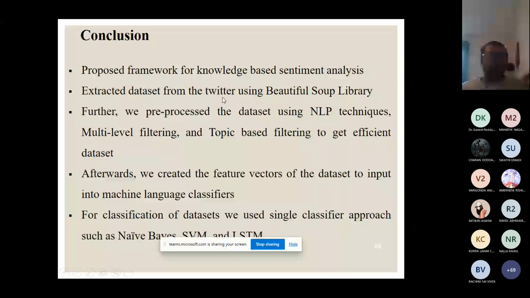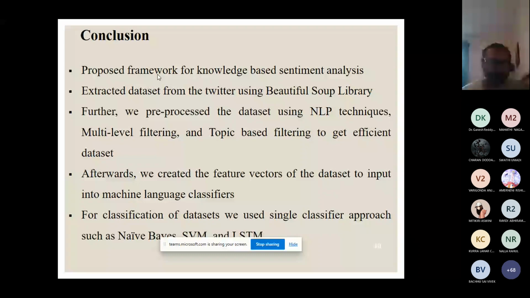So the proposed framework is a knowledge-based sentiment analysis, with a data set extracted from Twitter using the Beautiful Soup library. Further, we process the data using NLP techniques, multi-level filtering, and topic-based filtering to get an efficient data set. Afterwards, we created the feature vector of the data set as input to machine learning classification.